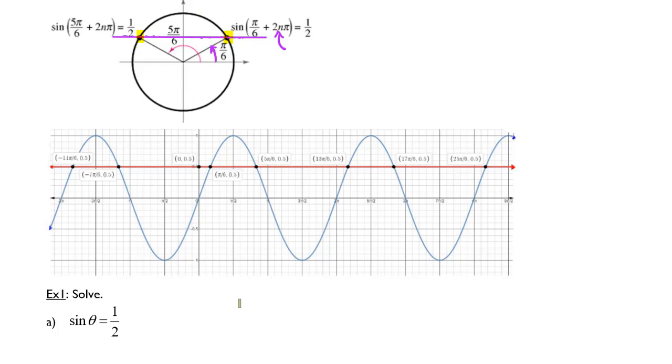And you may recall from previous sections that when we look at moving around the unit circle multiple times, we can also think about that with respect to time and the angles.